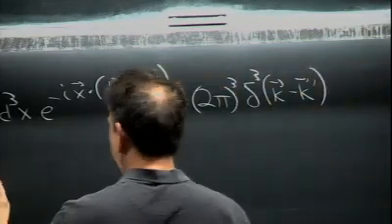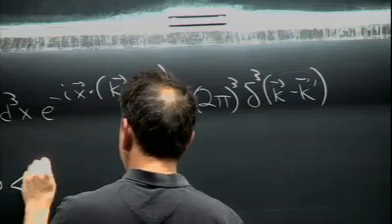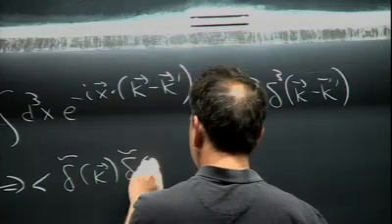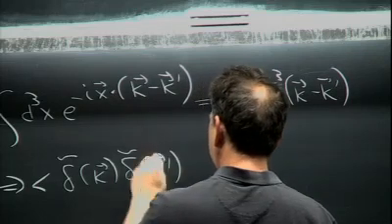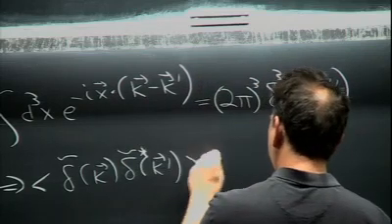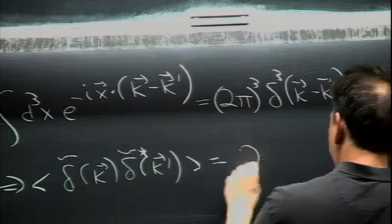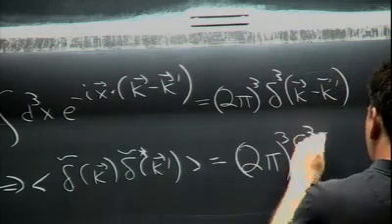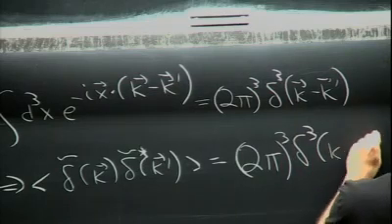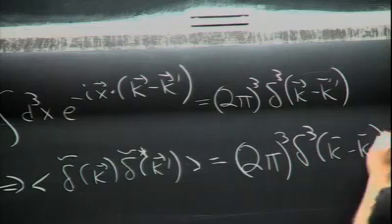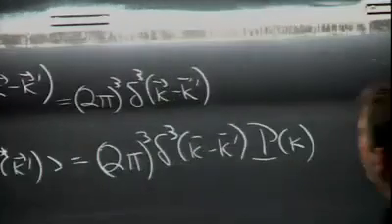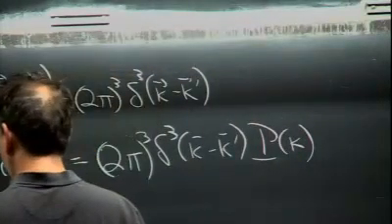Which means that this 2-point function in Fourier space is proportional to a delta function times what I'll call the power spectrum, where this power spectrum is just what's left.